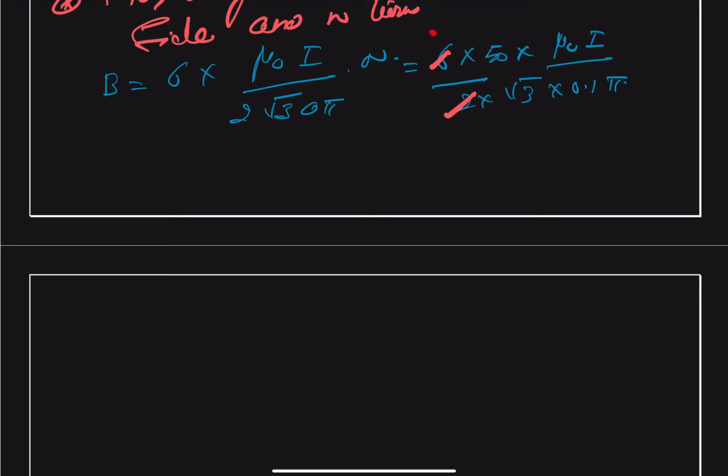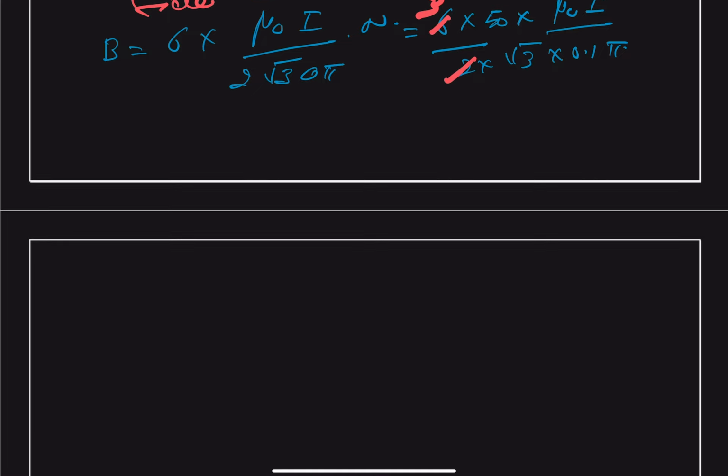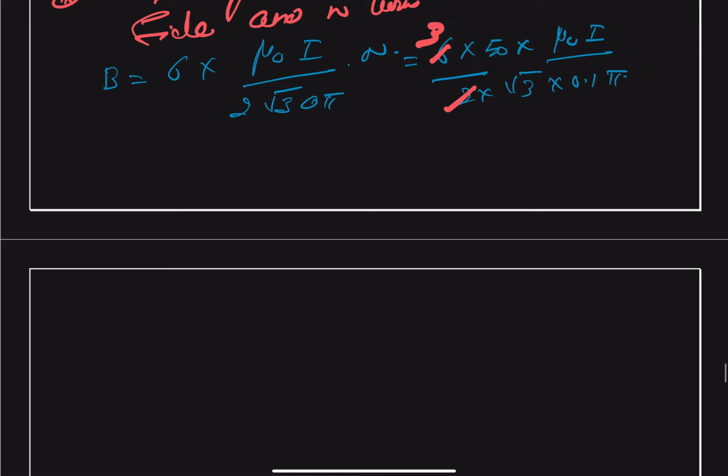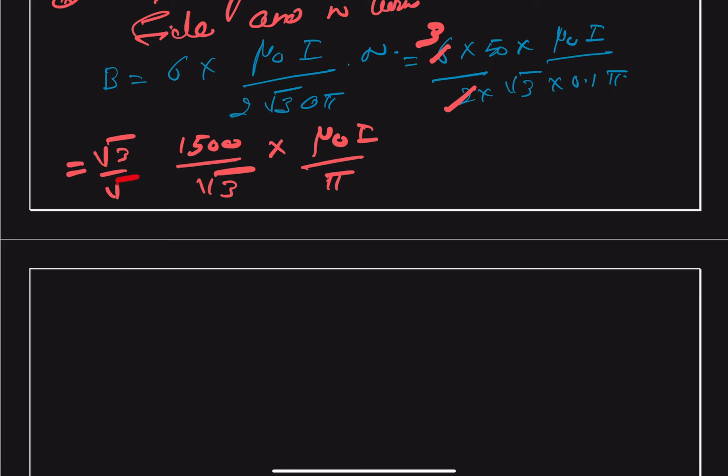Here is root 3 and here is 3, so we rationalize it, and this gives us that the magnetic field will be equal to 1500 divided by square root of 3, multiplied by mu naught I upon pi, and if we rationalize it, this will be root 3 multiplied by root 3.